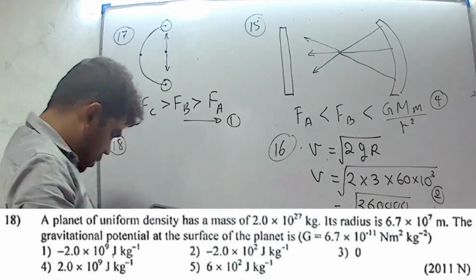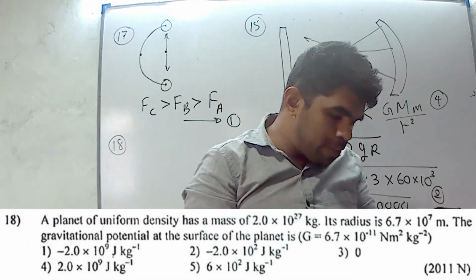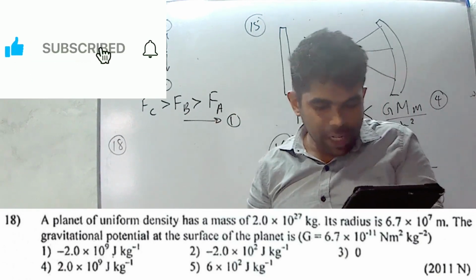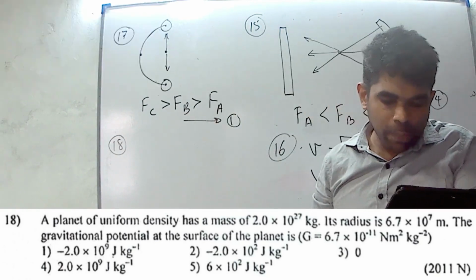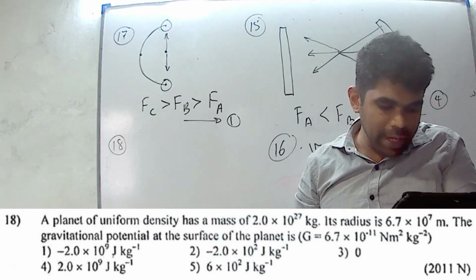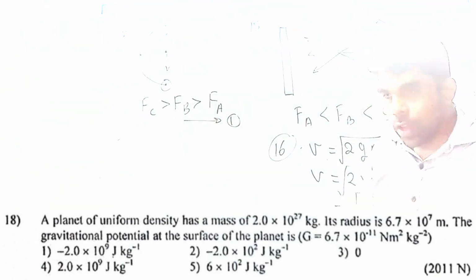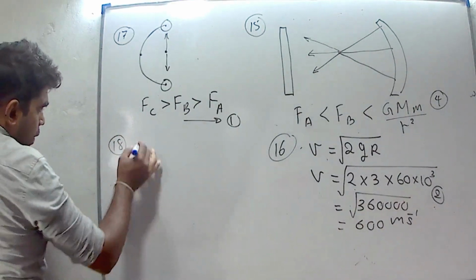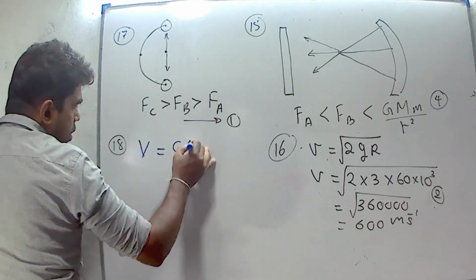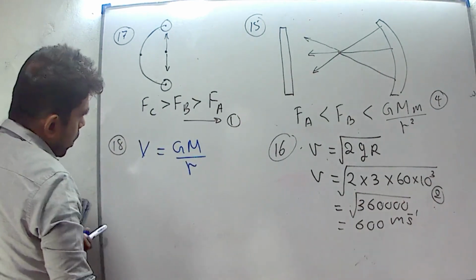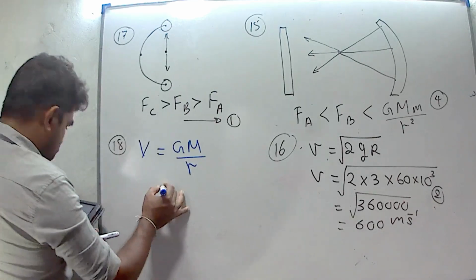Question number 18. A planet of uniform density has a mass of 2 into 10 to the power 27 kilograms. Its radius is 6.7 into 10 to the power 7 meters. The gravitational potential at the surface of the planet is? We can get the gravitational potential at the surface, V equals GM over R. Then we have to substitute values.